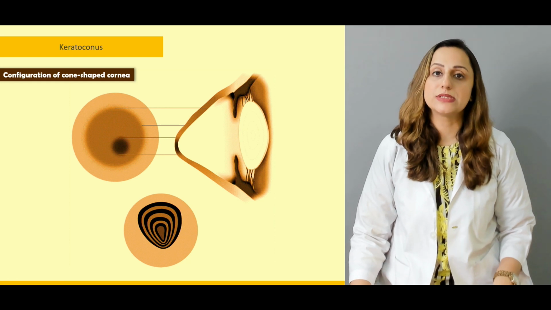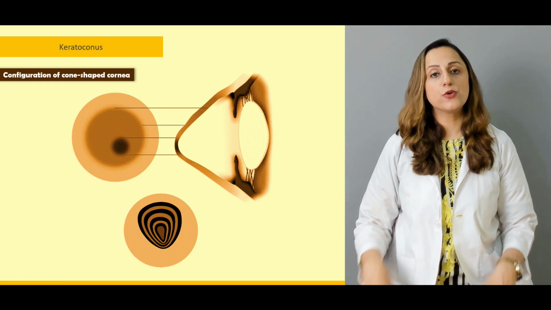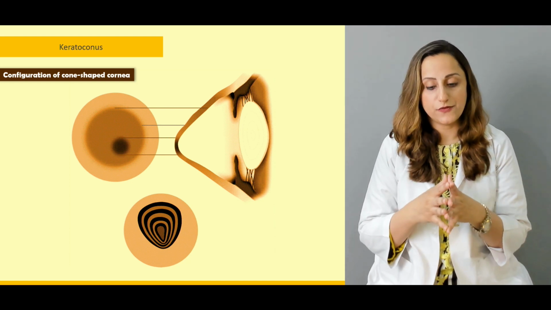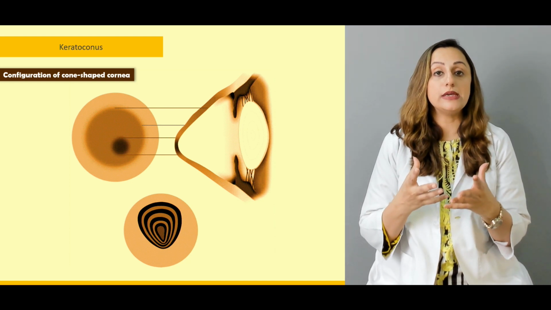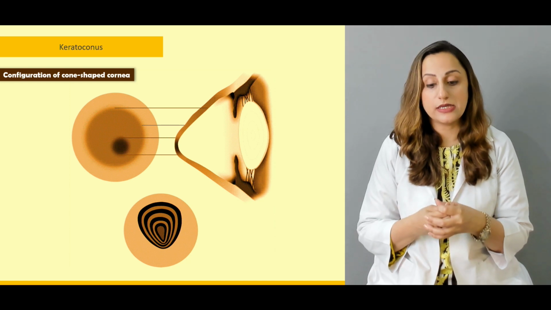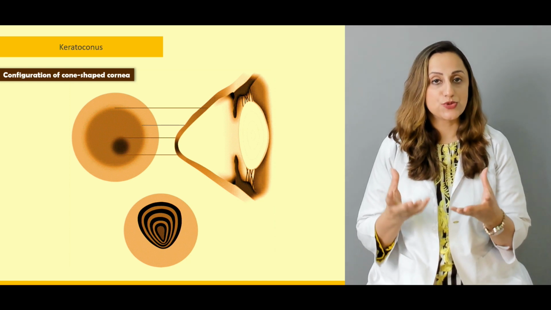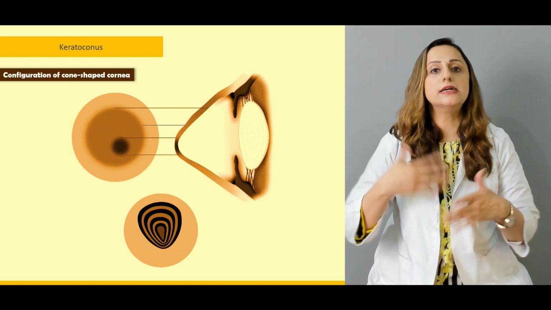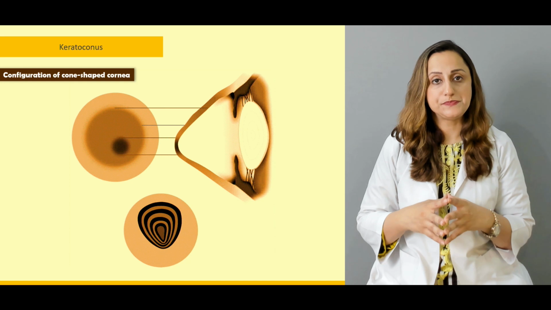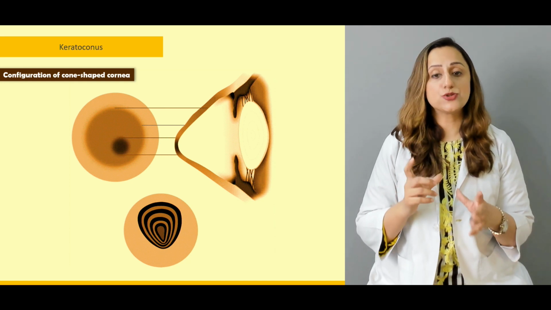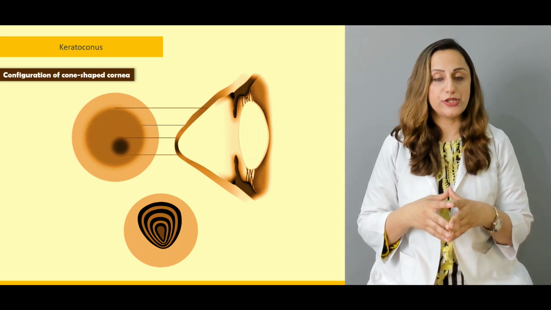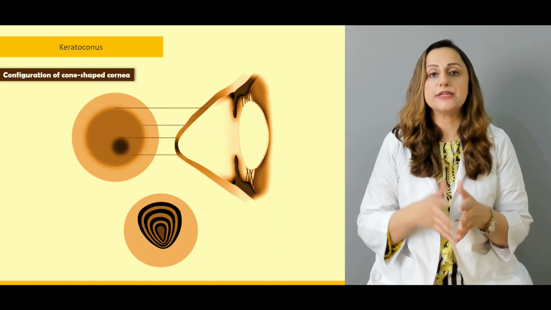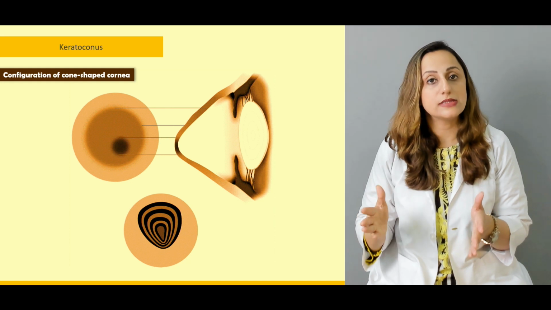When we make the patient sit at the slit lamp, we are going to observe for these signs of the conical shape of the cornea. For instance, we're going to look for the oil drop reflex over here. Then we have the Fleischer's ring, and on retinoscopy, you're going to look for any early signs of keratoconus as well. Now, there is a very interesting term which is used for the earliest signs of keratoconus, which is known as forme fruste.